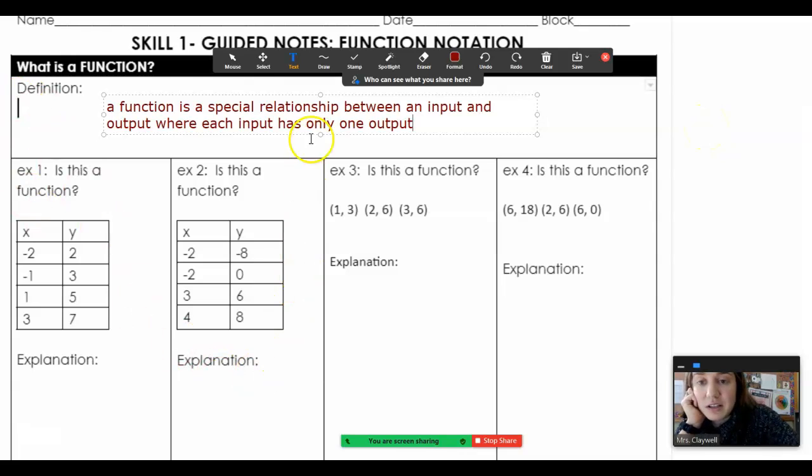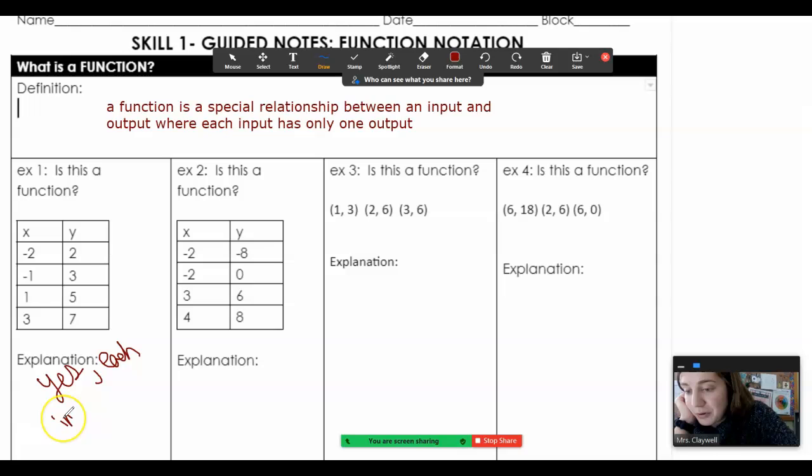So when we look at that in these examples, I'm looking to see if each input has only one output. Each input has only one output, so this is yes. Each input has one output.